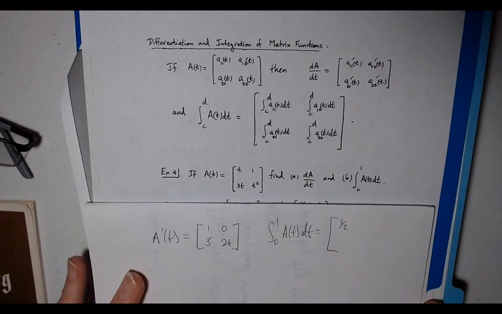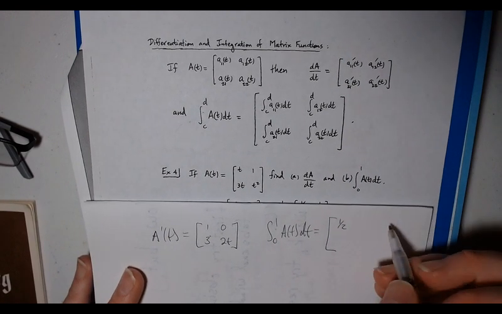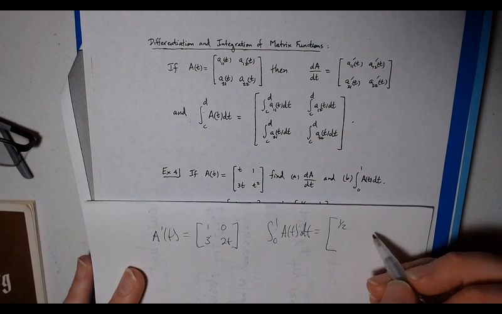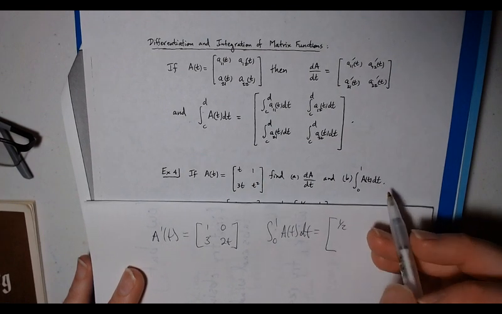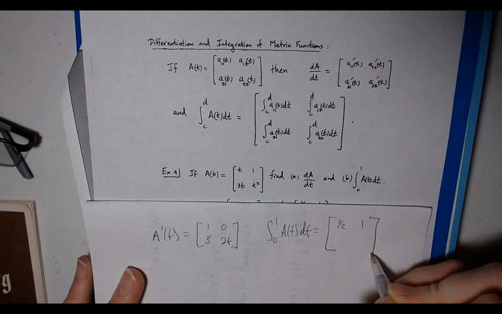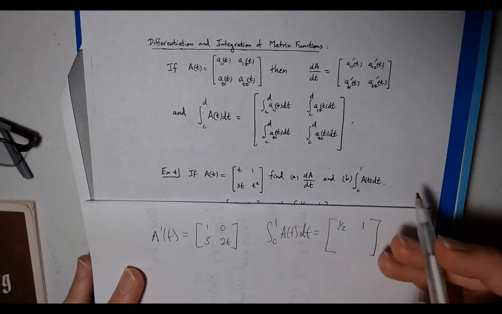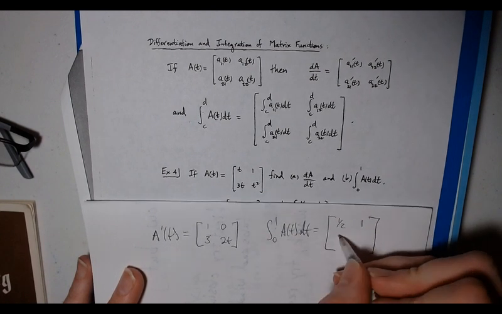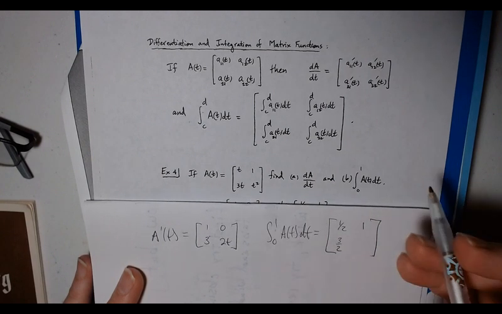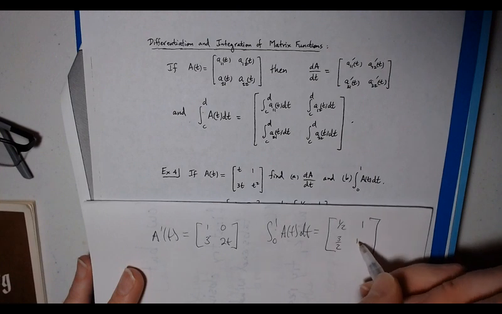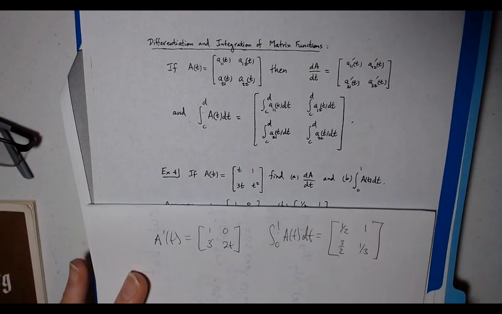It's 1/2 t squared, and then you substitute in the 1 and the 0, and that goes away. That'll be t, that'll be 1 minus 0, so that'll be 1. This will be 3/2, and that will be 1/3 t cubed, so that'll just be 1/3.